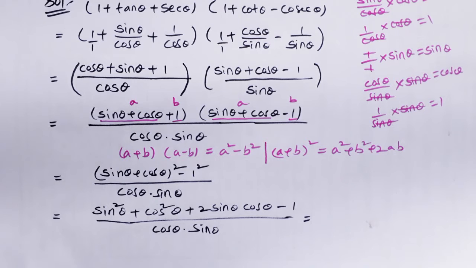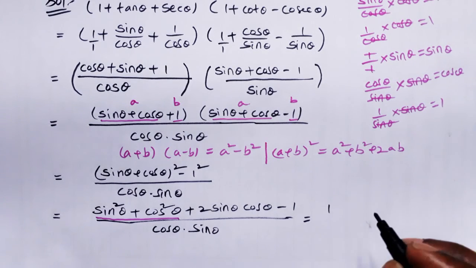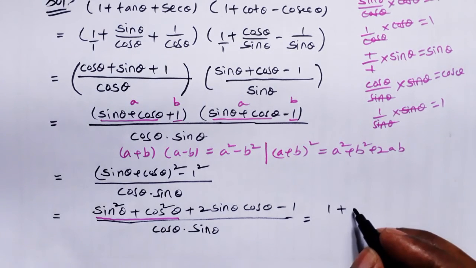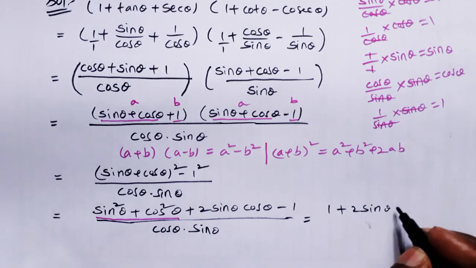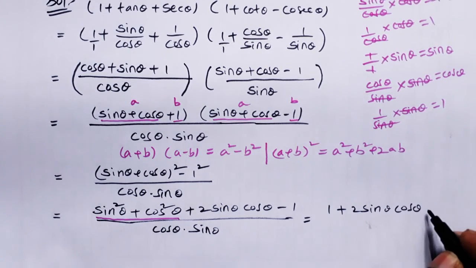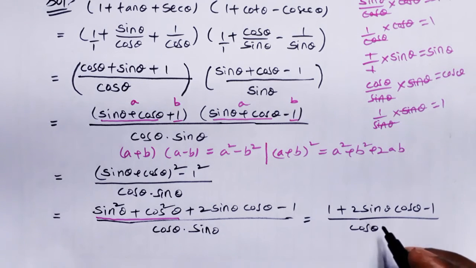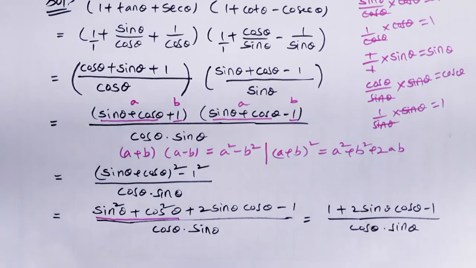denominator same, cos theta into sin theta, that is equals to. Now observe this, sin square theta plus cos square theta, that is one trigonometric identity. First identity, sin square theta plus cos square theta, answer is 1, so write 1 here, plus 2 sin theta cos theta as it is, minus 1 divided by cos theta into sin theta.